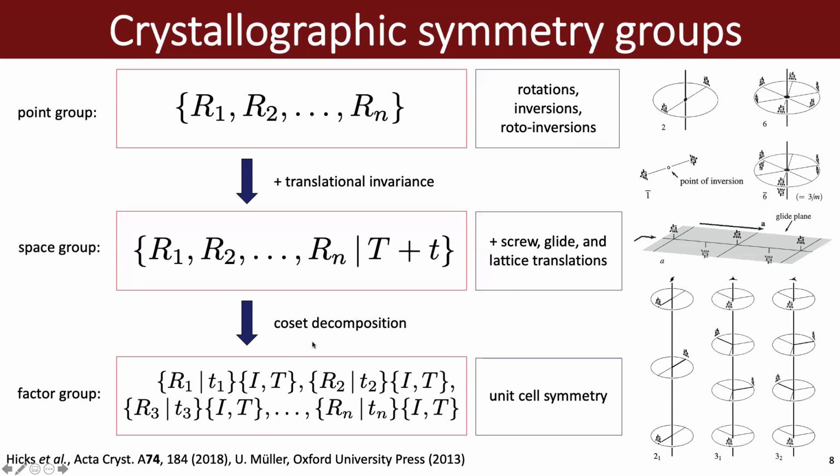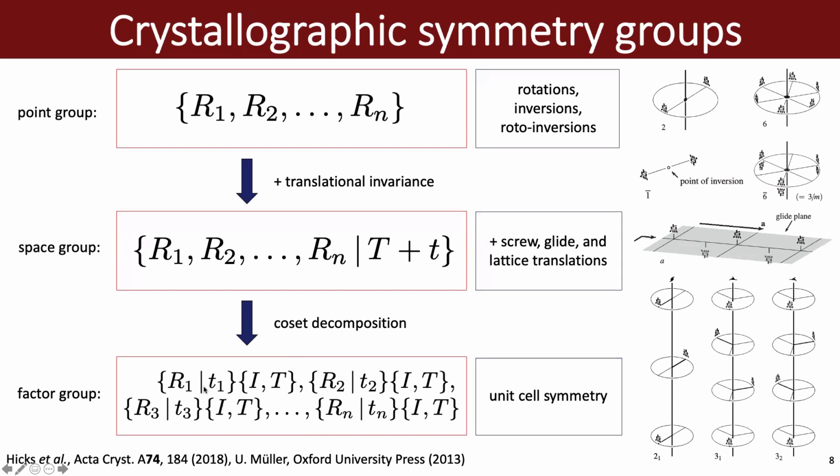And so we can actually perform a coset decomposition. So if you're familiar with group theory, we are essentially taking out a normal subgroup. So here we're taking out the lattice translations, and then we're representing all of the other symmetry elements. So essentially we've partitioned these space group elements into what's inside the cell and the lattice translations represented by this IT.